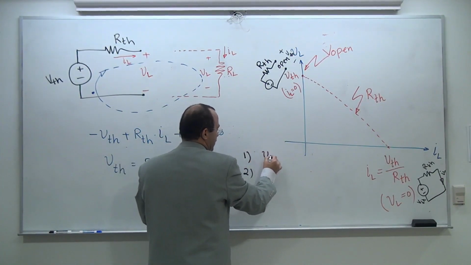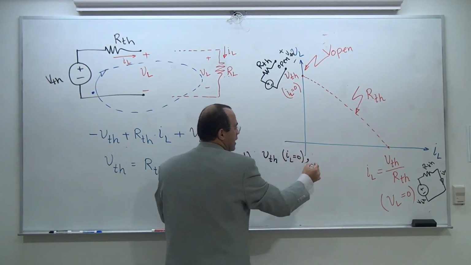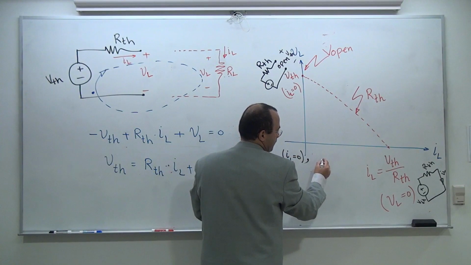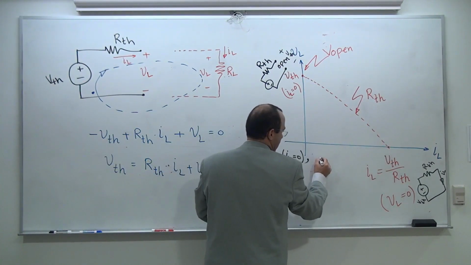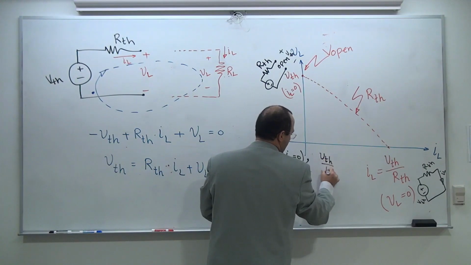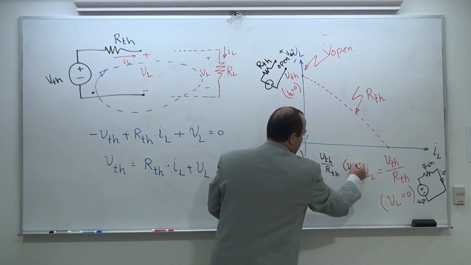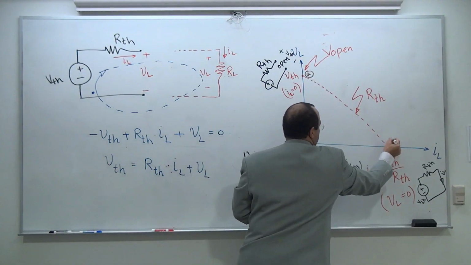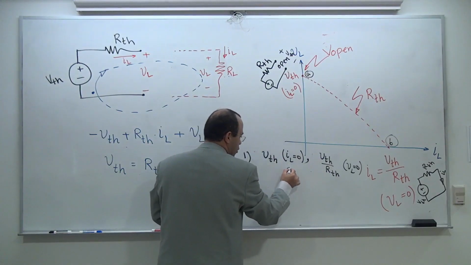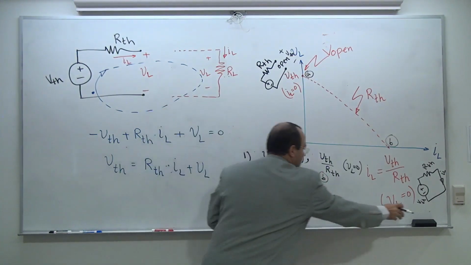I can find Thevenin for IL 0, and I can find Thevenin divided by Thevenin for VL 0. I can find these 2 points, point A and point B. If I find point A and point B, I've got my line.